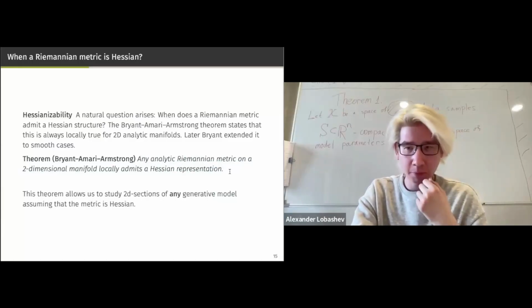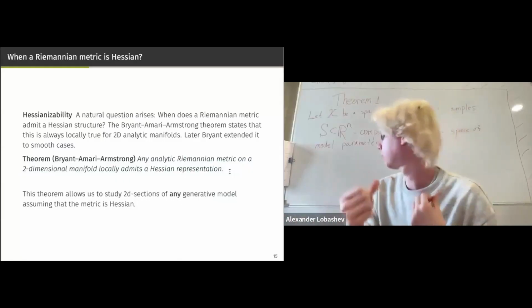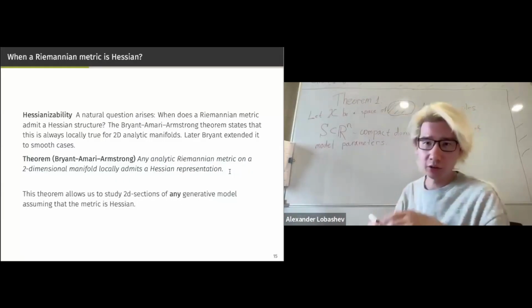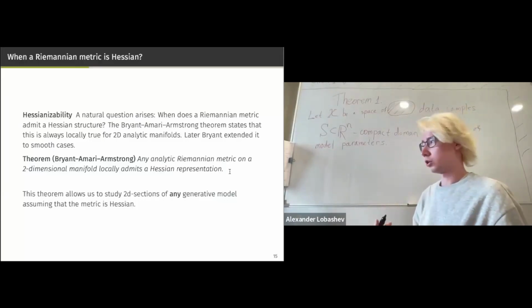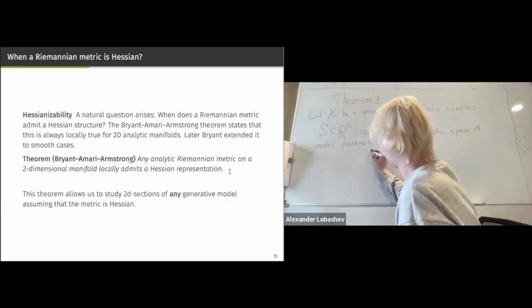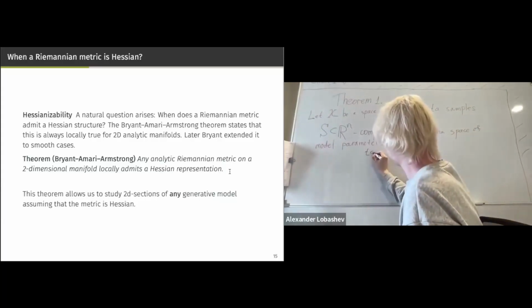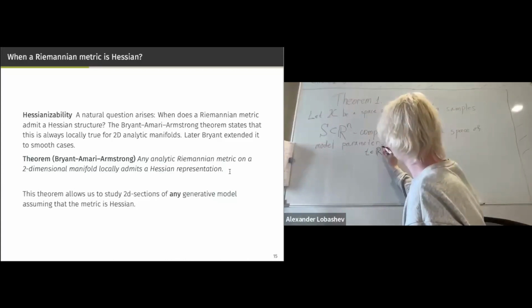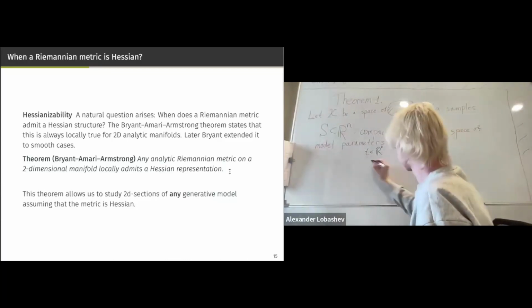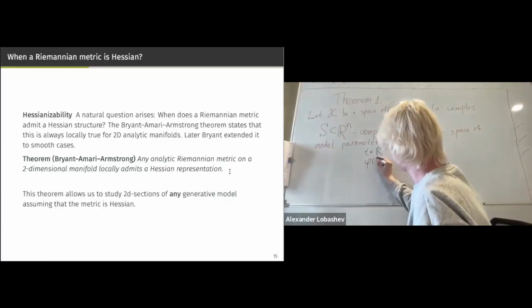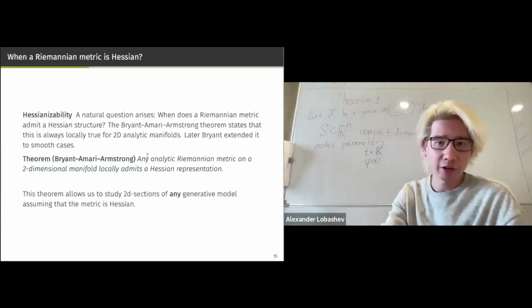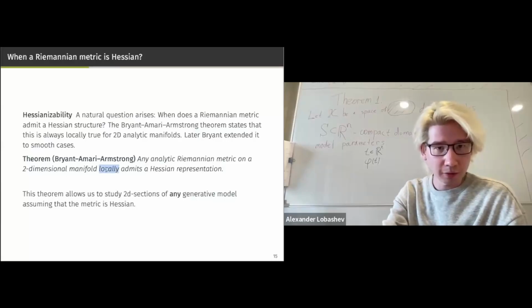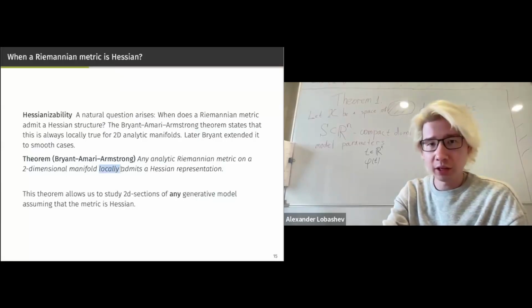So the main idea of why this could be true is the following. What is a Hessian structure actually? First, we have some space of parameters, which is two-dimensional. We have a convex function, which is a function of two variables. The theorem states that this metric locally admits a Hessian representation.